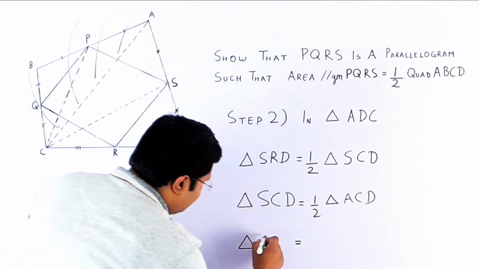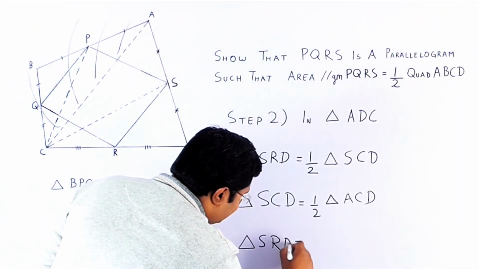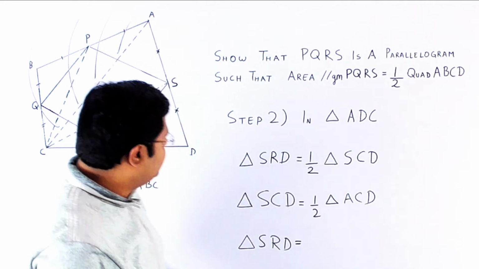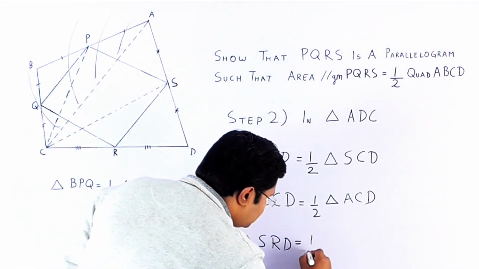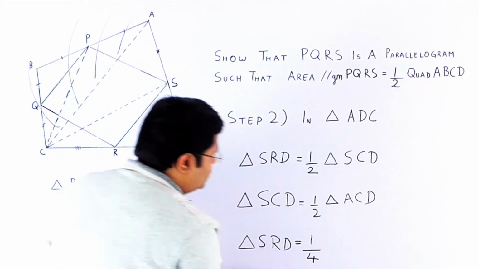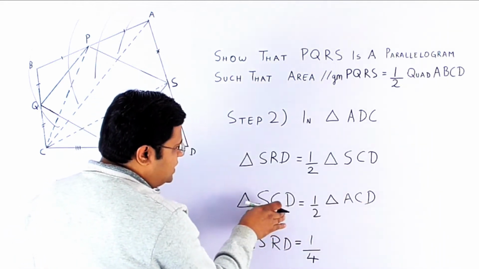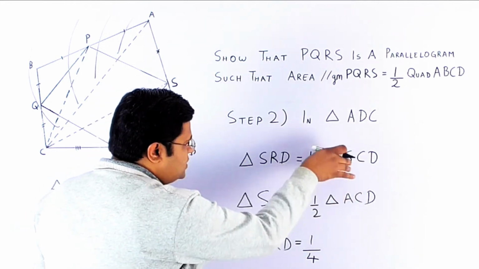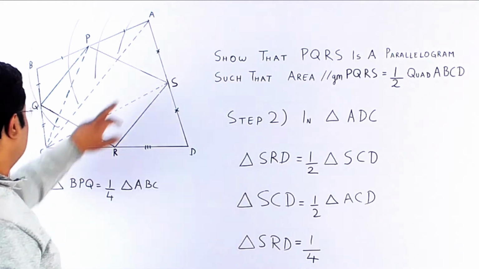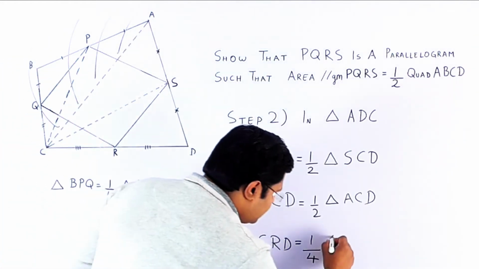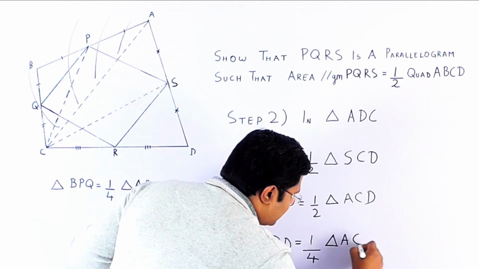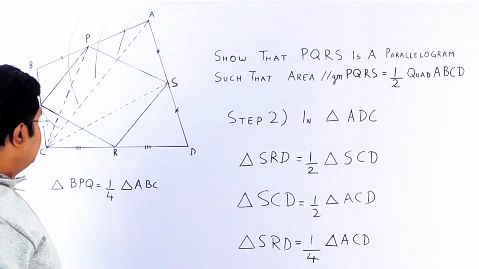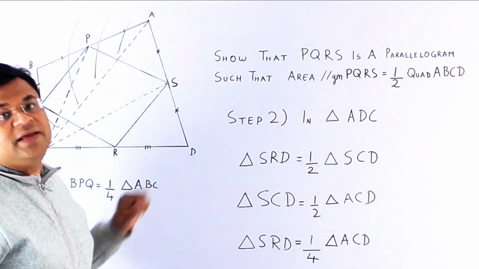Now triangle SRD is half of SCD, and SCD is half of ACD. So SRD will become how much? 1/4, because SCD is half of ACD, and SRD is half of SCD. So 1/4 of triangle ACD is triangle SRD.